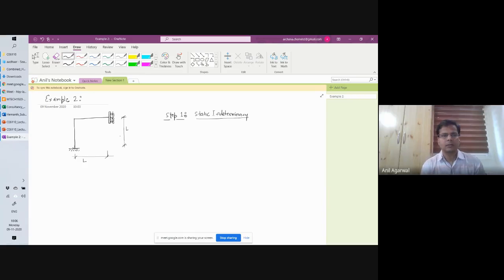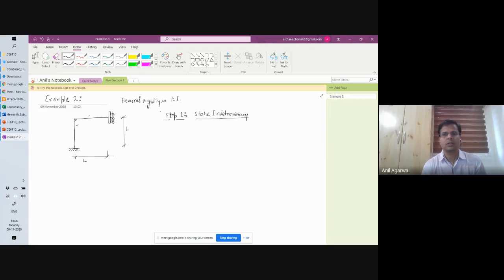So for the static indeterminacy, since this is a frame system, the joint between the vertical member and horizontal member is given as a fixed joint. A couple of other pieces of information: the flexural rigidity of each member is uniform, that is EI.